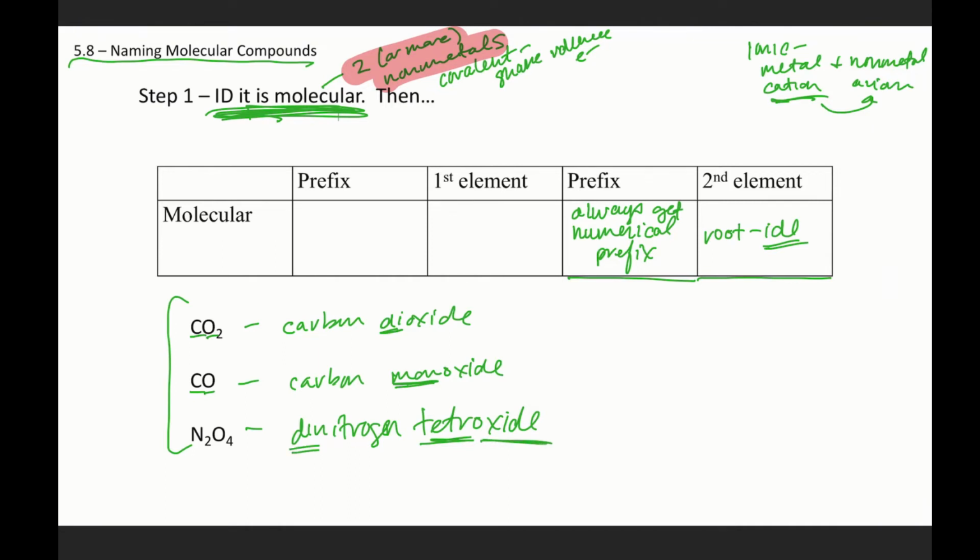What differentiates CO2, CO, and N2O4? We only get a prefix on the first element if there's more than one. So the first element gets a numerical prefix if there's more than one, and then we just use the whole name of that first element.